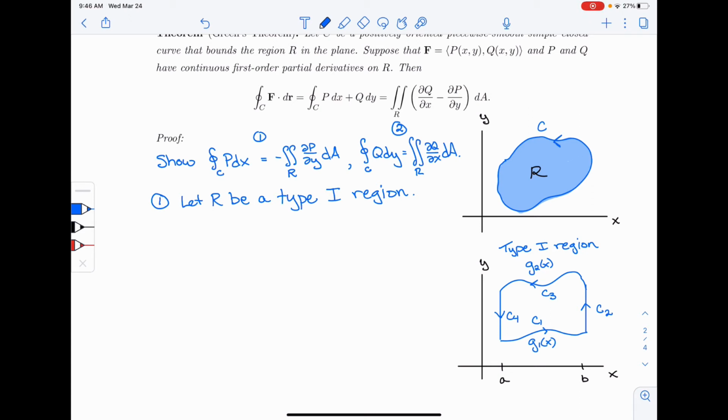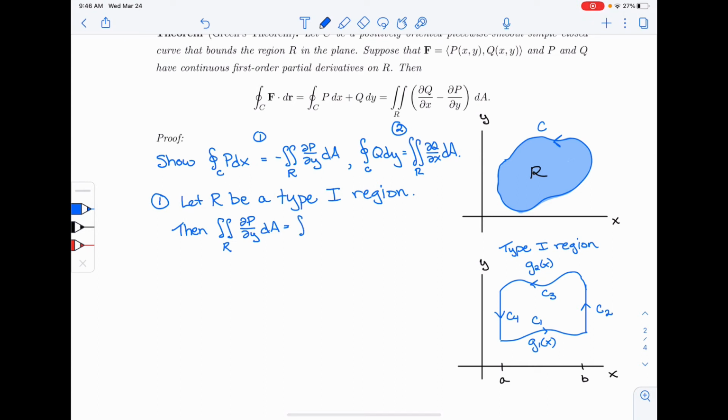Okay, so let's try to do the double integral of dP/dy. Okay, well, I'm going to just write it out.